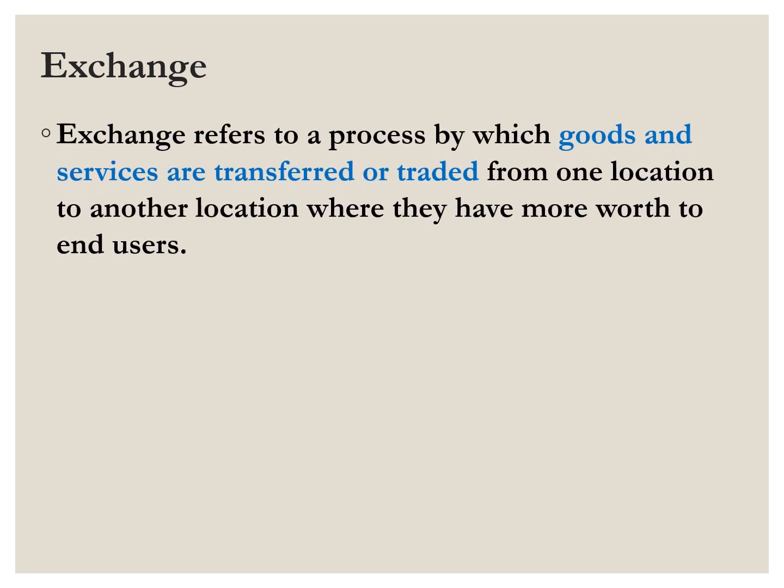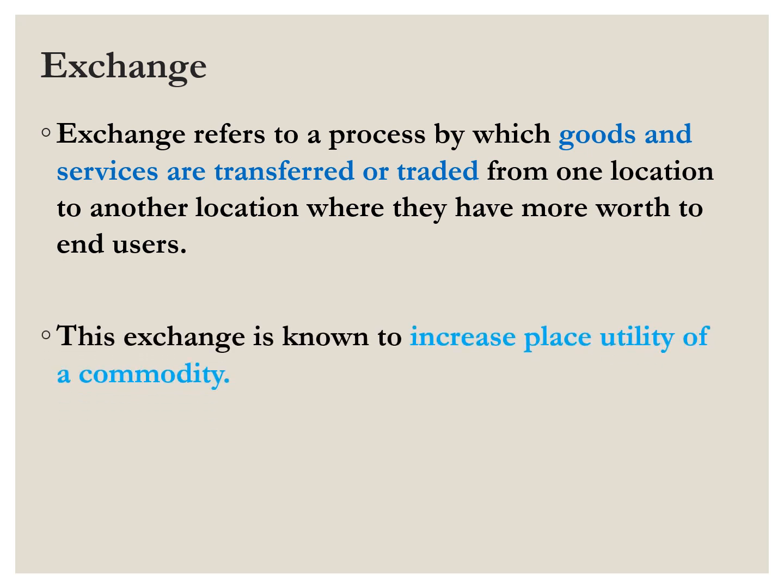The second component of PCE mechanism is the exchange mechanism. Exchange refers to a process by which goods and services are transferred or traded from one location to another location where they have more worth to end users. This exchange is known to increase the place utility of a commodity.